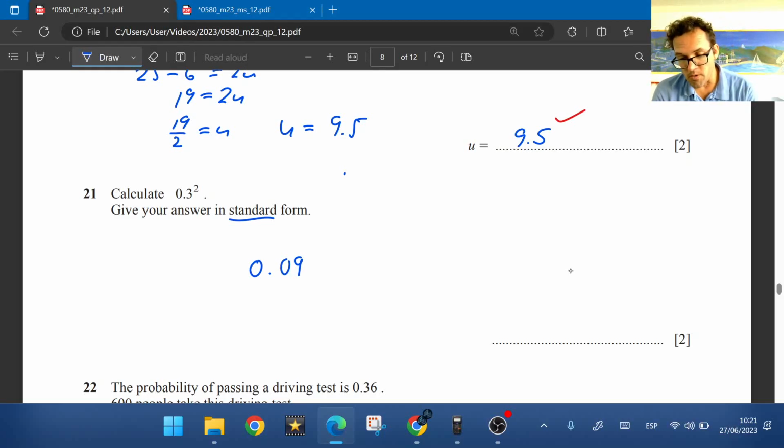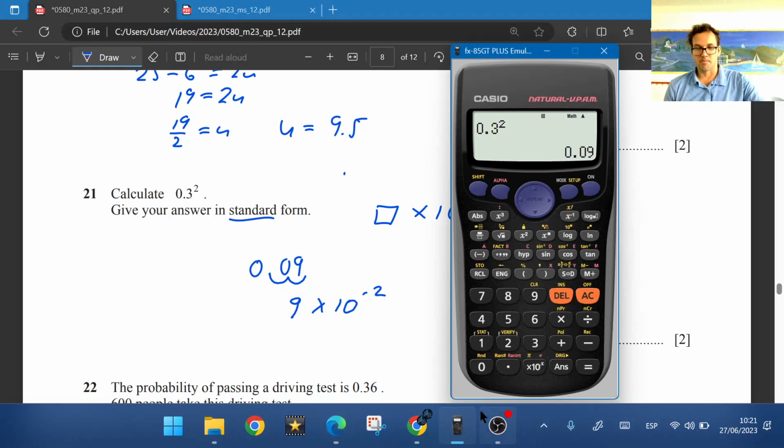Remember standard form, you write a number from 1 to 9, like 5.3, times 10 to the power of something. So the first number needs to be bigger, so we move the decimal point twice, and it becomes 9 times 10 to the power of a small number. We moved 2 spaces, so that's minus 2.